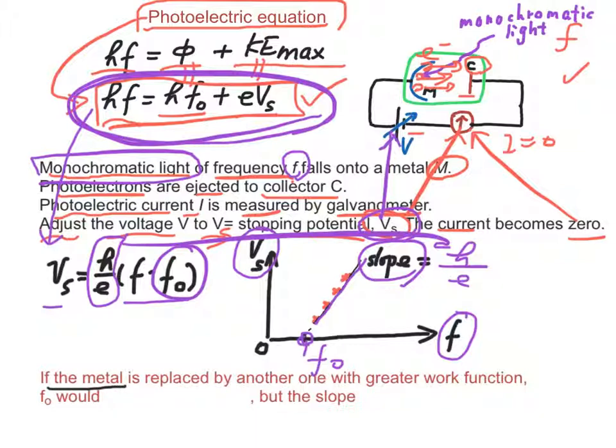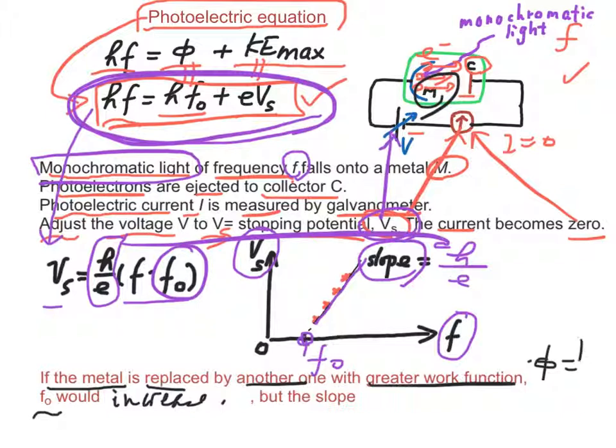If the metal is replaced by another one with a greater work function phi, the threshold frequency f naught would increase because phi equals hf naught.